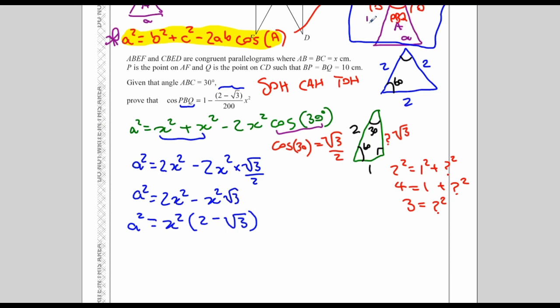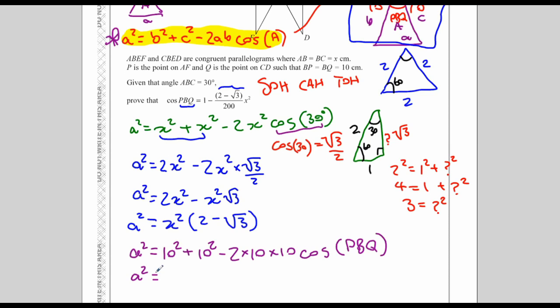Angle A, length B, length C. A squared equals 10 squared plus 10 squared minus 2 times 10 times 10 cos of PBQ. So A squared is 200, 100 plus 100 minus 200 cos PBQ.